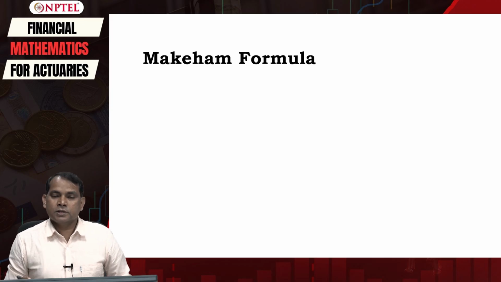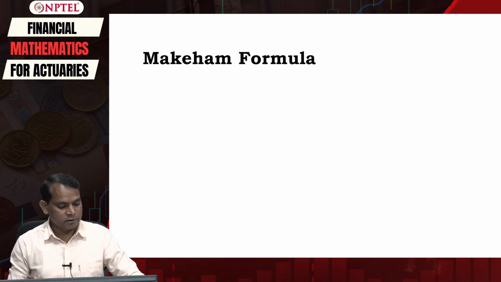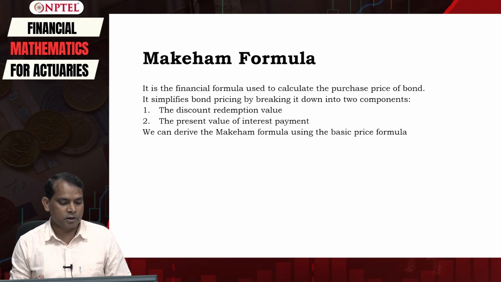So let us now understand another formula, which is an alternative formula for the basic bond pricing formula. We can use the basic price formula to derive this formula also. This is known as the Makeham formula.